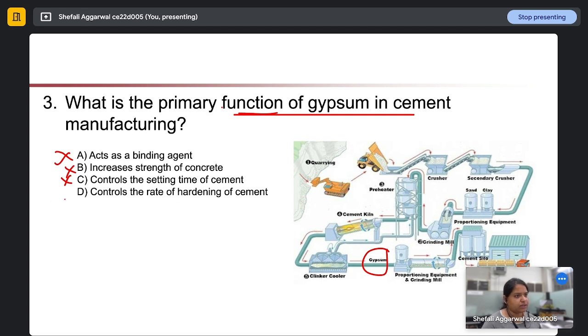This is the correct answer. When clinker is cooled down and ground, there are chances of lump formation. To control that lump formation, we add gypsum so that it remains in powder form during the final grinding process. Okay, so the answer is D.